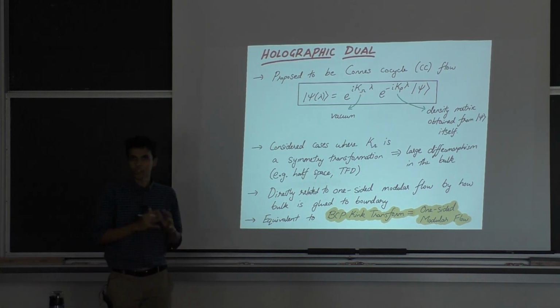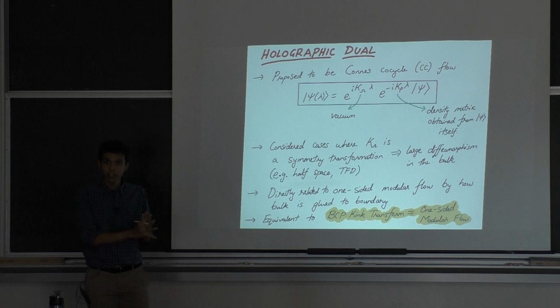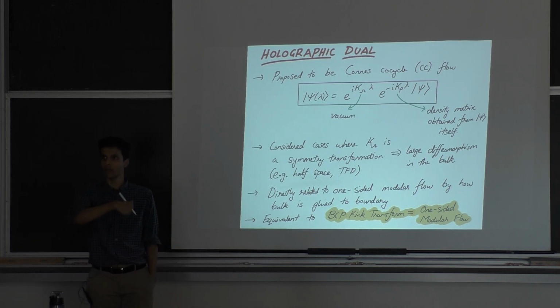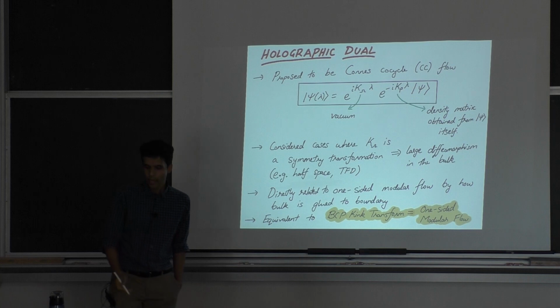Now, in general, you could consider any two states that you like, but for the purposes of relating the Kink transform to some nicely known holographic dual, what we needed to do was consider rho to be the density matrix obtained from the state psi itself. If you just take psi and trace out one of the subregions, you get some density matrix rho, and you flow by that particular modular Hamiltonian.